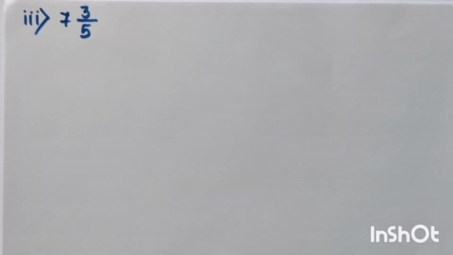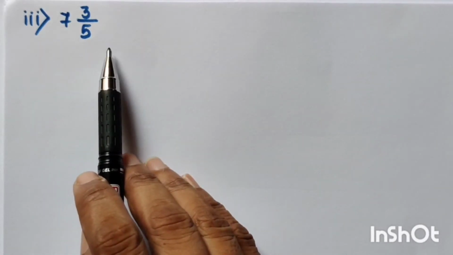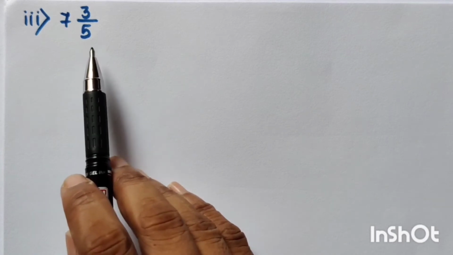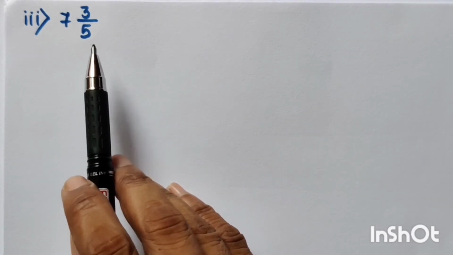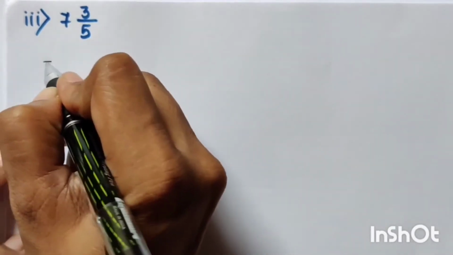Third sum, 7 integer 3 upon 5. If you see, it is a mixed fraction. That means we have to convert this mixed fraction into a simple fraction. After that only we can divide numerator by denominator. So first we have to convert it. You all know how to convert.